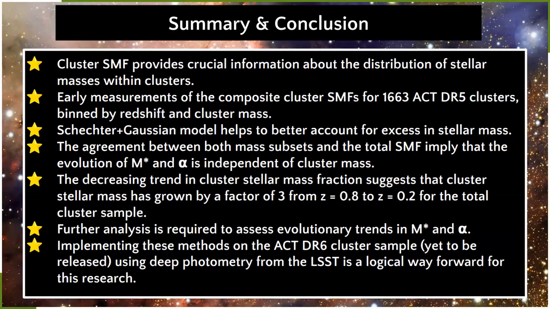We still require further analysis to figure out the trends in M-star and alpha, and finally implementing our methods on the ACT DR6 sample, which is yet to be released, using deep photometry from LSST is a logical way forward for this work. So that's it. Thank you.